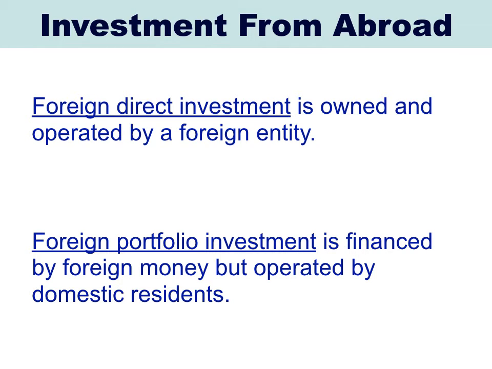Right? They're the owners and operators. And then the other way is to get portfolio investment. This is where only the money is sent to the country. Right? So give us your money, and we will give you tax breaks and other incentives on the money that you lend to us.